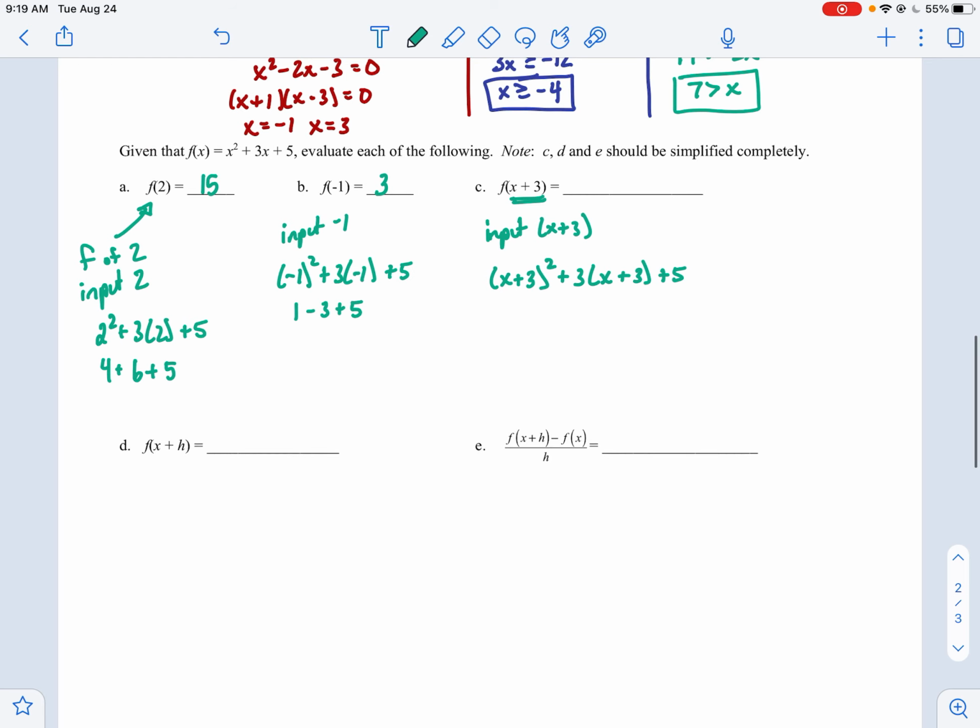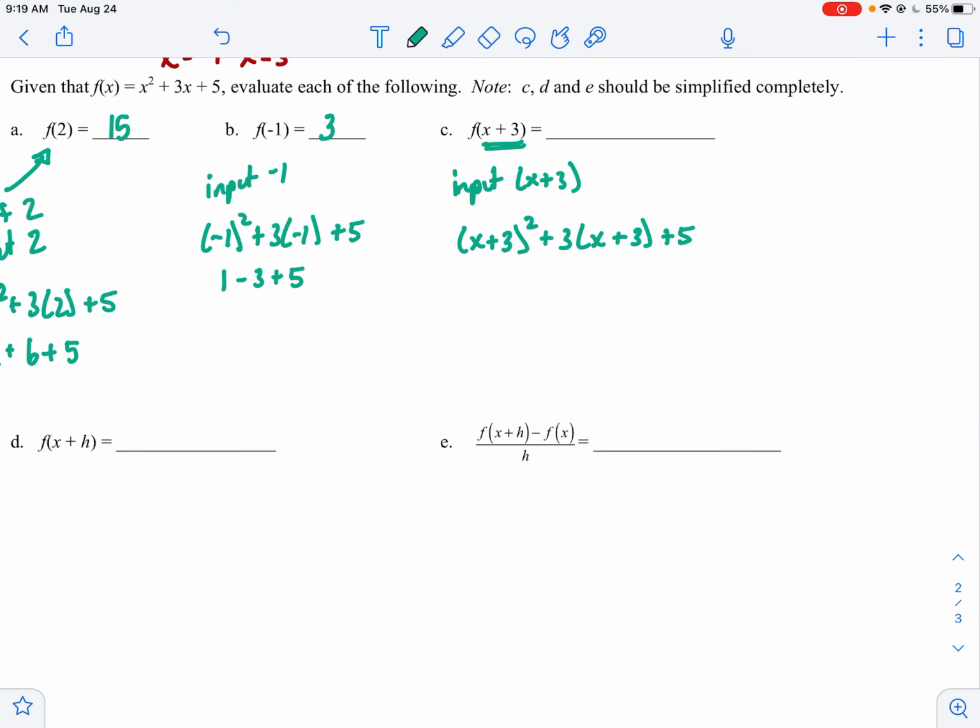Now we can simplify that a little bit, right? We can square this. So we'd have x squared plus 6x plus 9 plus 3x plus 9 plus 5, right? Don't forget that when you're squaring x plus 3, that's x plus 3 times x plus 3.